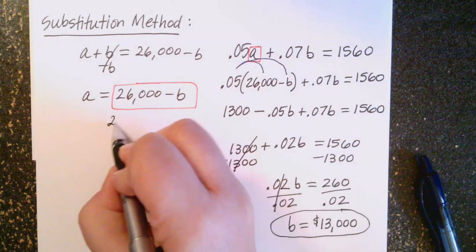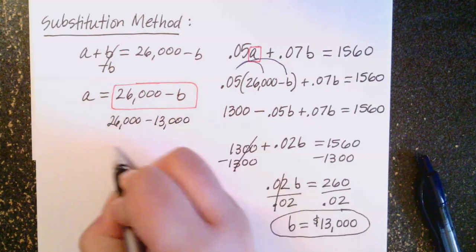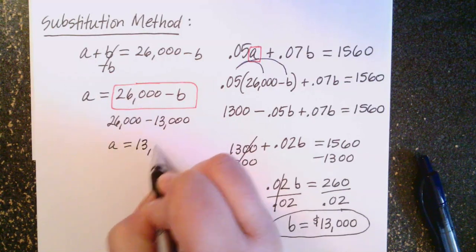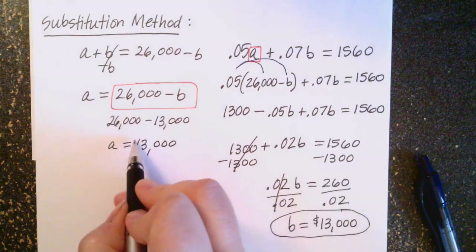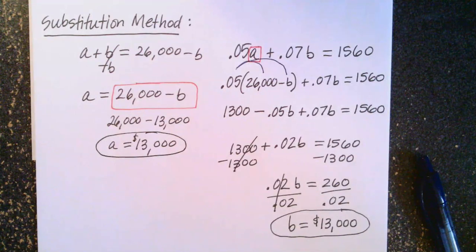So 26,000 minus 13,000. And in this case, and it's just a coincidence, so don't think it's always going to work out this way, the accounts just split right down the middle, 13,000 in one and 13,000 in the other. So that is my answer. I need to have 13,000 in one account and 13,000 in the other.